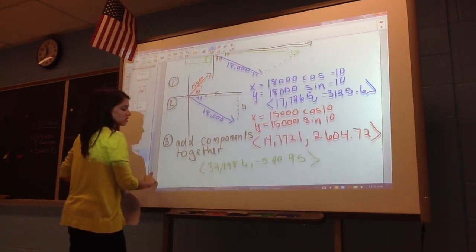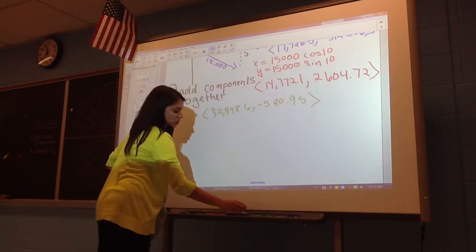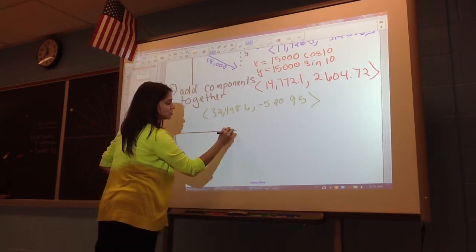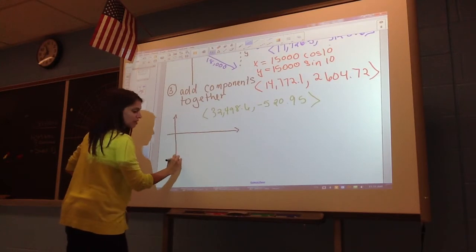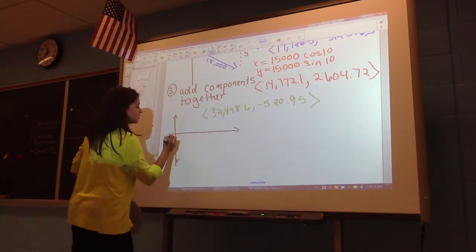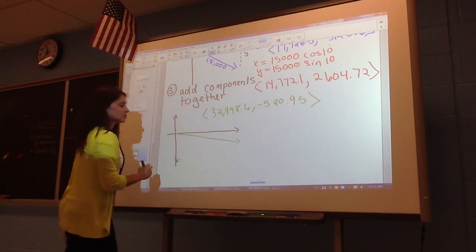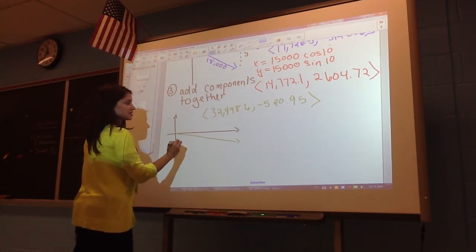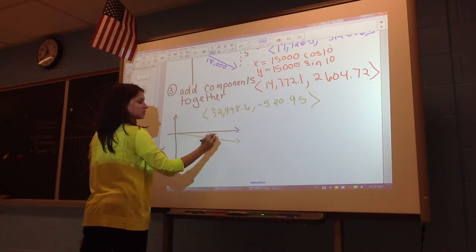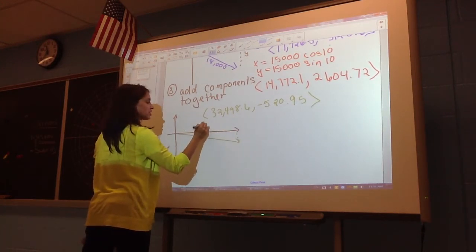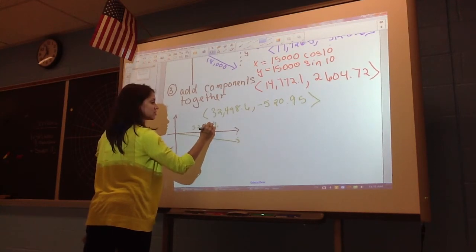So I'm going to redraw this picture with just the green vector. I have to find the magnitude and the direction of my vector. It's just below that x-axis, and it has a horizontal component of 32,498.6.